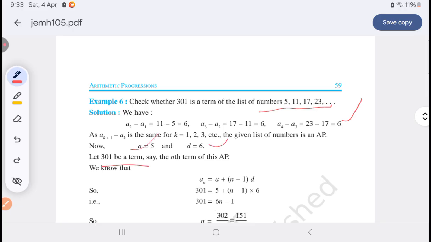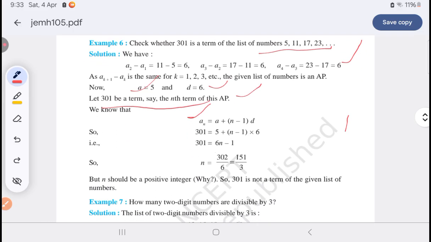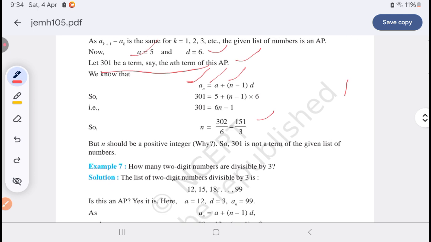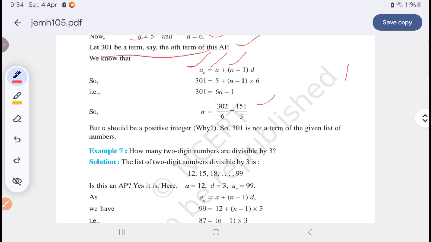So you need to find whether 301 is a term. Say n is the term of the AP. So you know an is 301, you know A also, and you have to find n. So it is 151 by 3. But n should be a positive integer. So 301 is not a term of the given list of numbers.